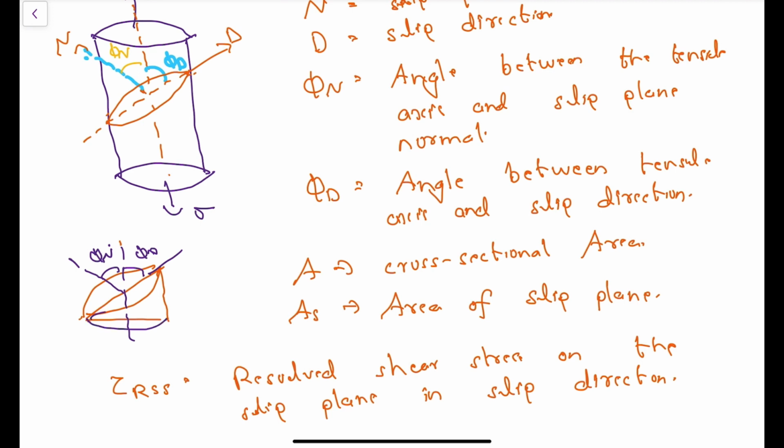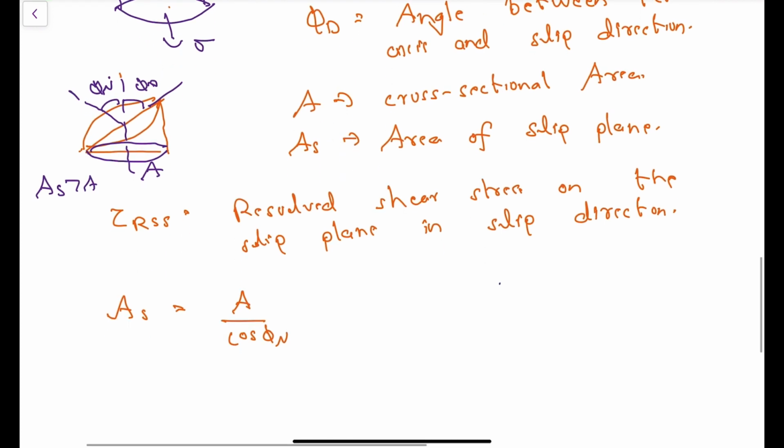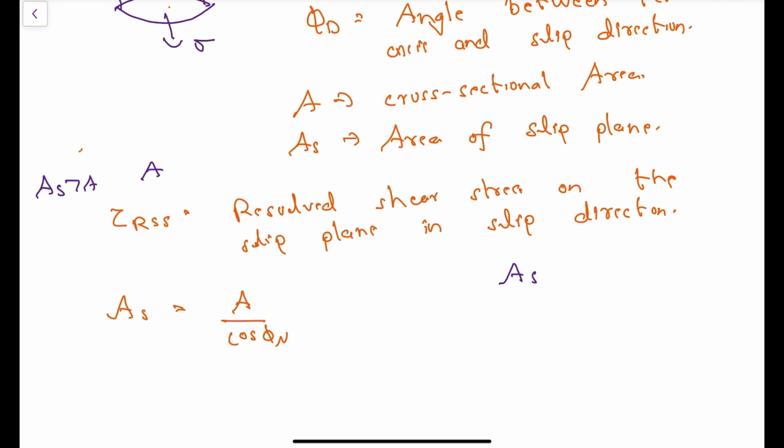This area is A. The inclined plane AS will definitely be greater than A. So AS is equal to A by cos phi n.